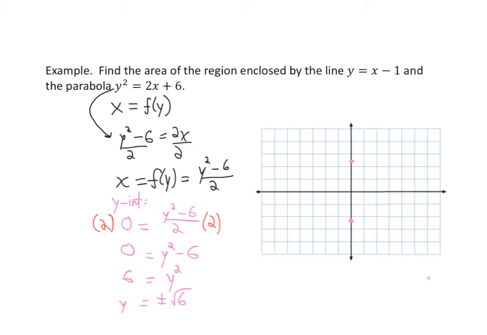We should remember that the axis of symmetry of any parabola, assuming we have two intercepts, in this case two y-intercepts, will always be exactly halfway between these two. So the axis of symmetry is actually the x-axis, which means if we plug in y equals 0, we will get the vertex.